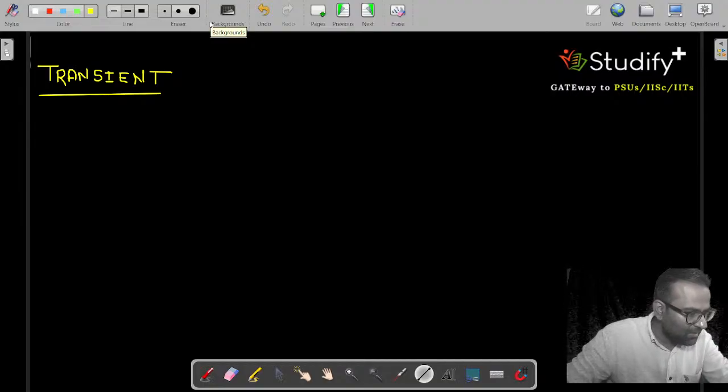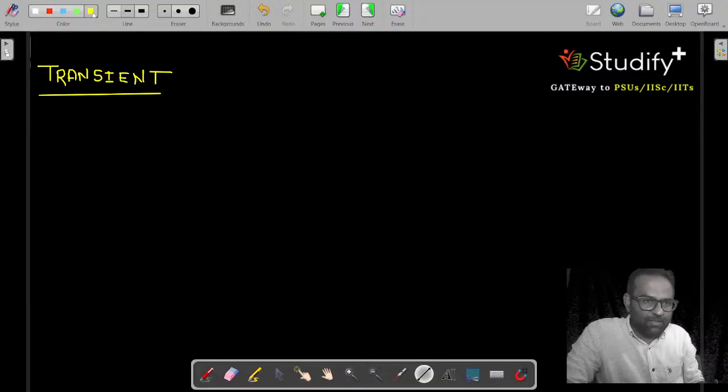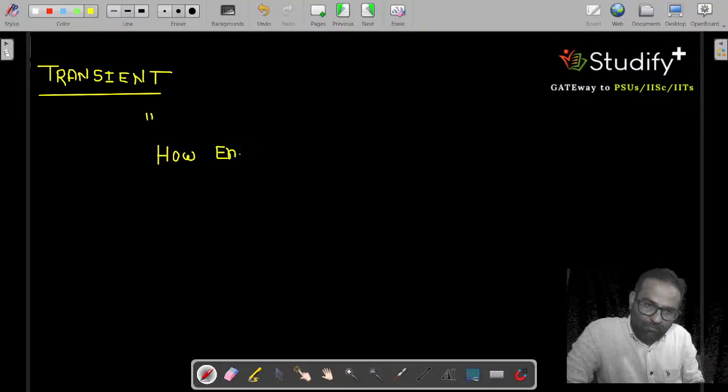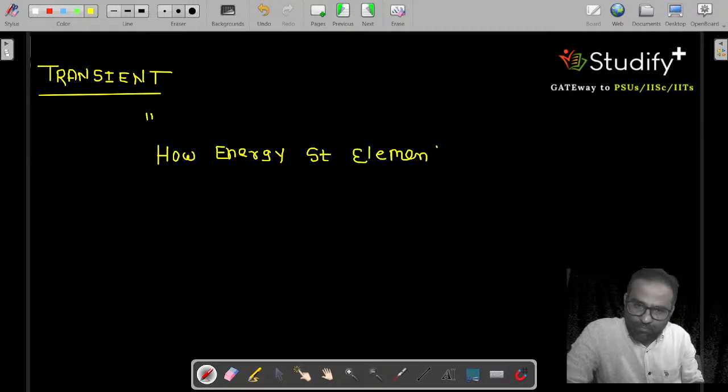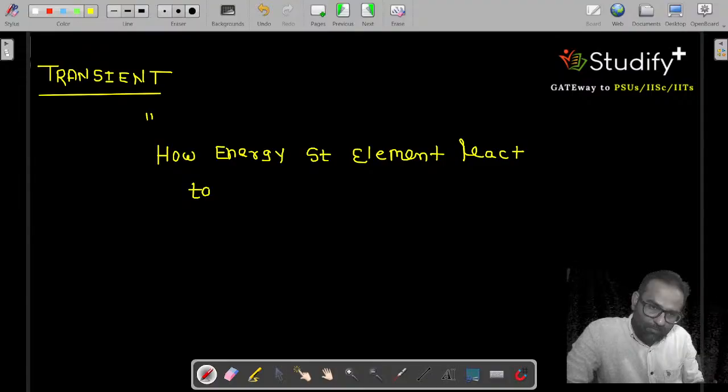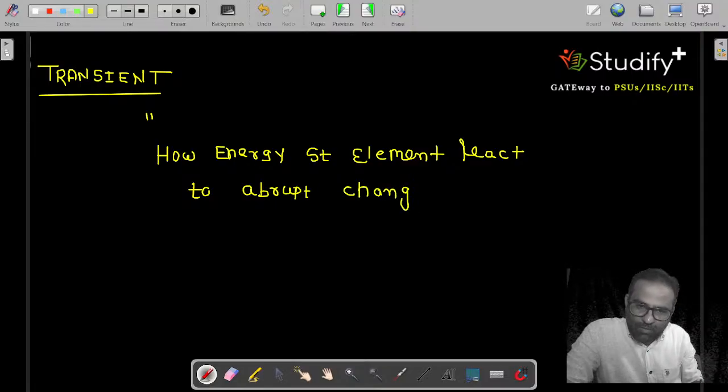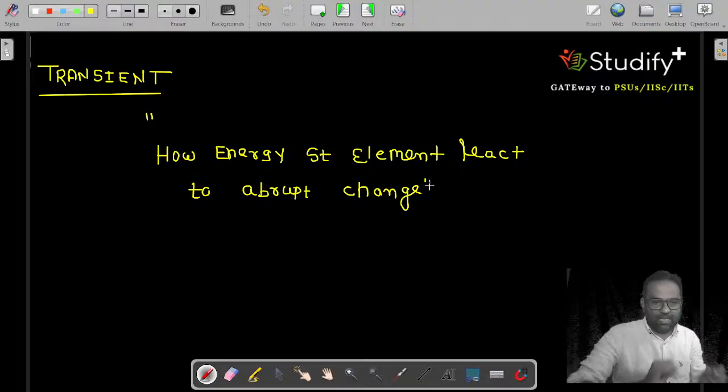The definition of transient is very simple: how energy storing element reacts to abrupt change, and this is known as transient.